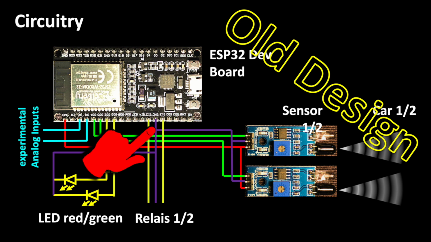Although the old design works fine, I noticed that there are problems with the data transfer to the PC once the 2 relays are connected. And this is probably because the 2 pins I used are having a function for the serial port.